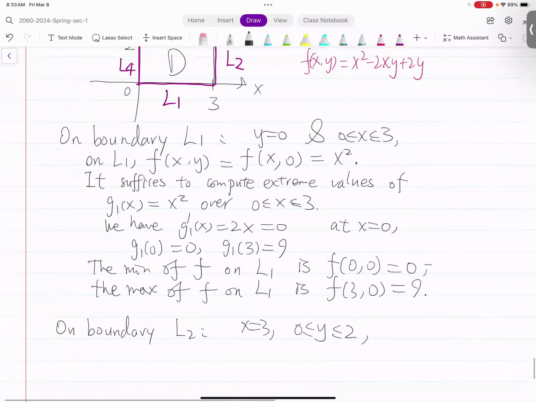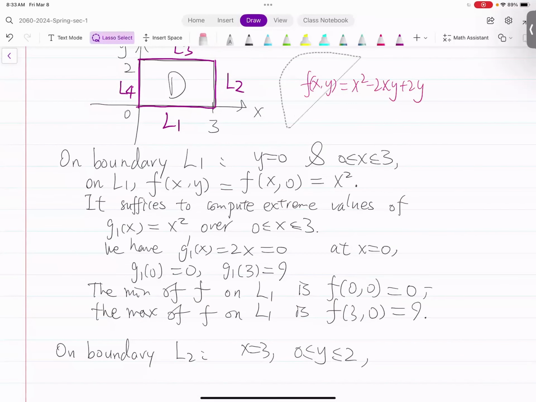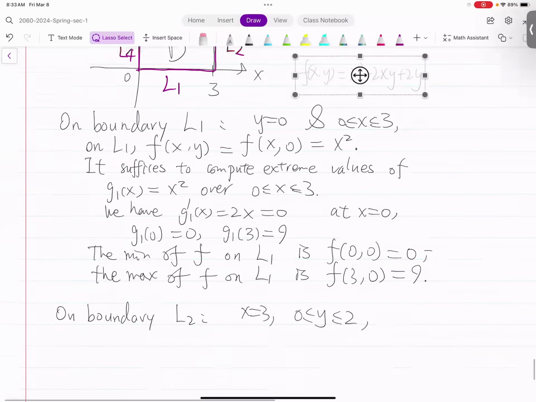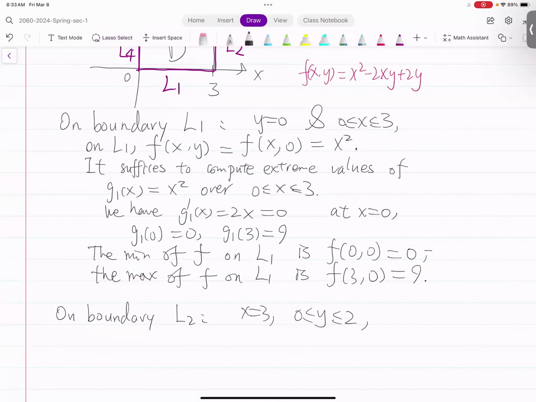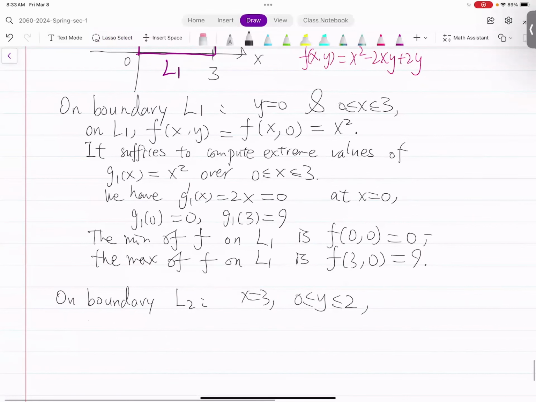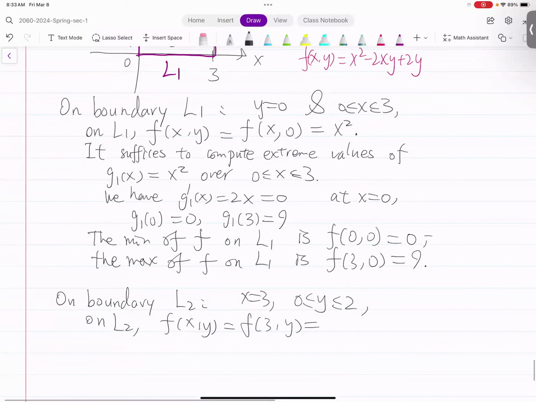Let me move the function a little lower so that I can see it. On L2, my function is plugging in x equals 3, so we end up with 9 minus 6y plus 2y, so this is 9 minus 4y.